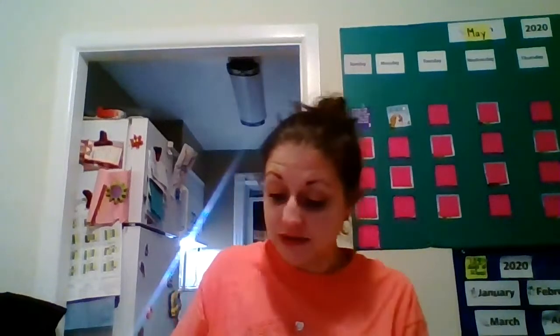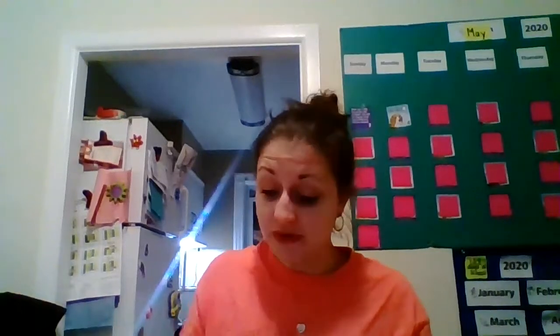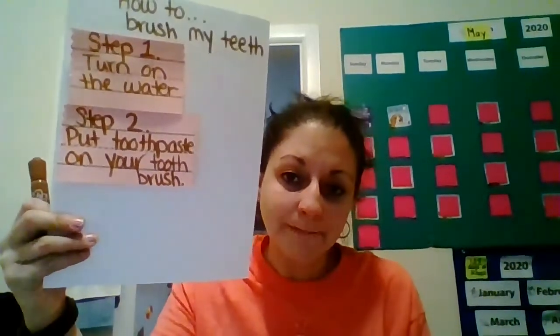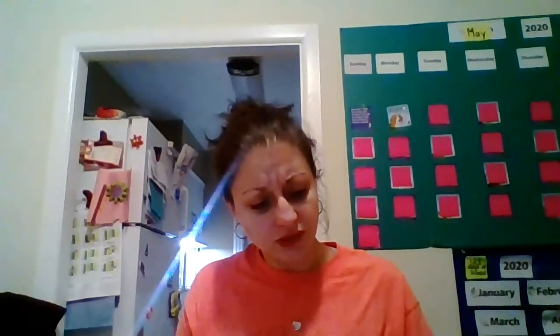Now remember, my friends, this week we are learning how to write a how-to writing piece, okay? And we're going to learn it in like steps. There are different sequences, different steps of the process, all right? Let's see, step 1, turn on the water. Step 2, put the toothpaste on the toothbrush. Step 3, what else? What's after that? Step 3.